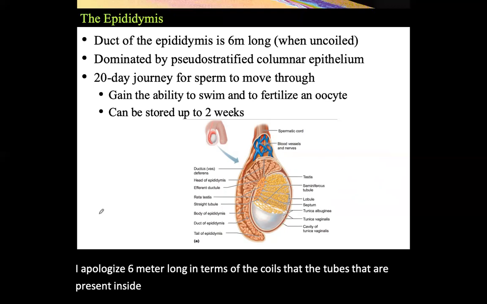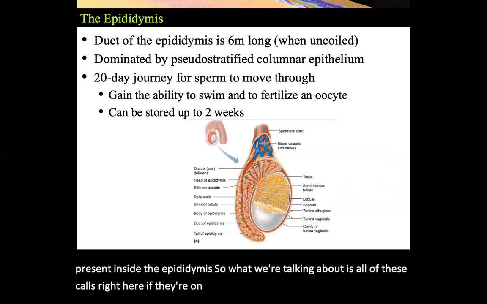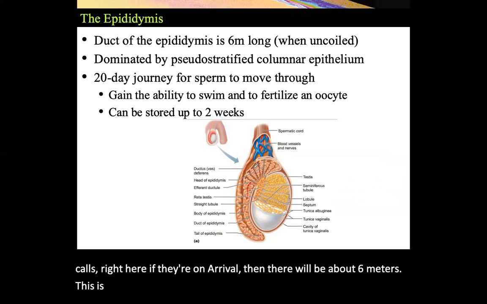What we're talking about is all of these coils right here. If they unraveled, they would be about 6 meters, which is about 18 feet. They are lined with cells called pseudostratified columnar epithelium.